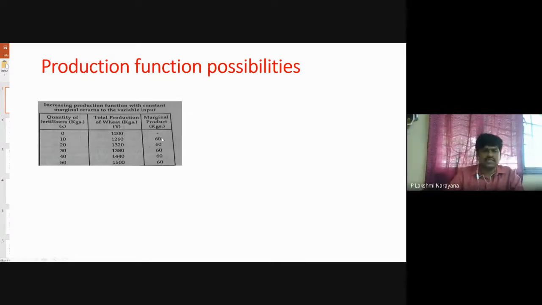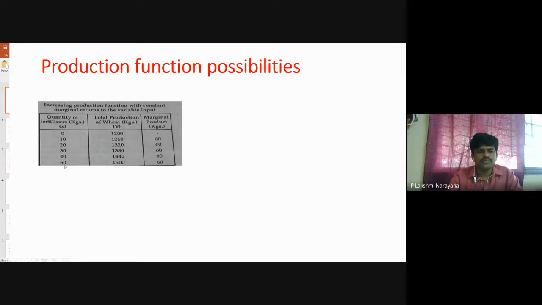That is 60. In another case, the quantity of fertilizer is increased to 20 units. Then the yield increases to 1320. At the same time, 1320 minus 1260 is also 60. The difference is 60.